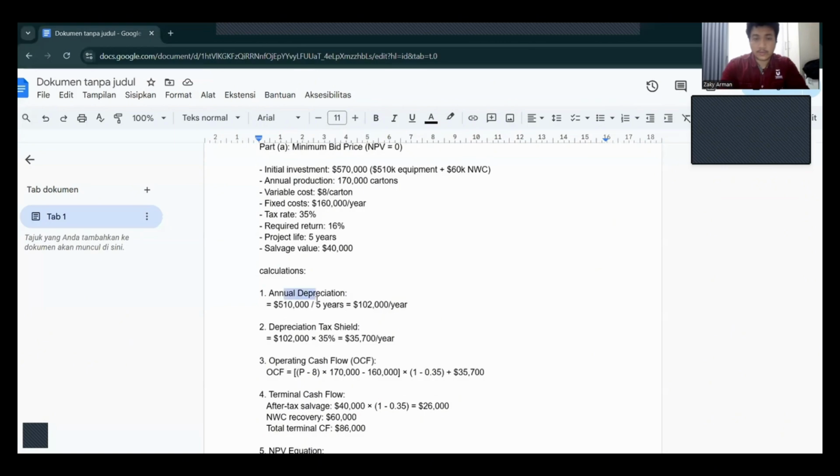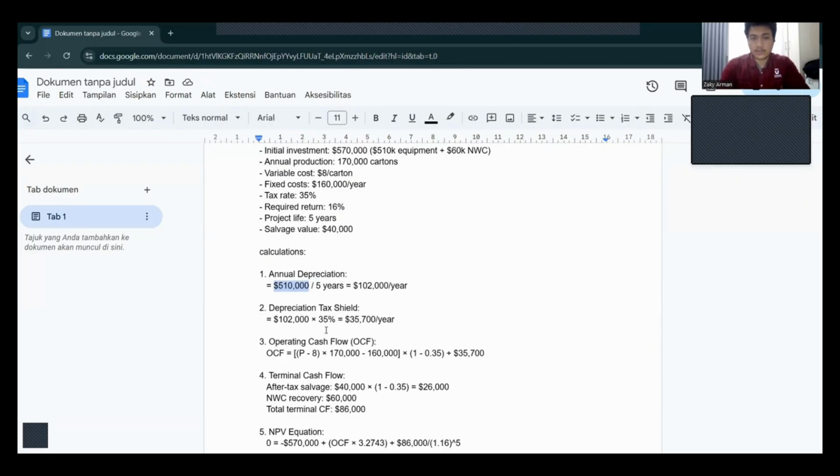So the first one, we have to find the annual depreciation, which is 510,000 from the equipment, divided by 5 years, which is the project life. So we will get 102,000 per year.